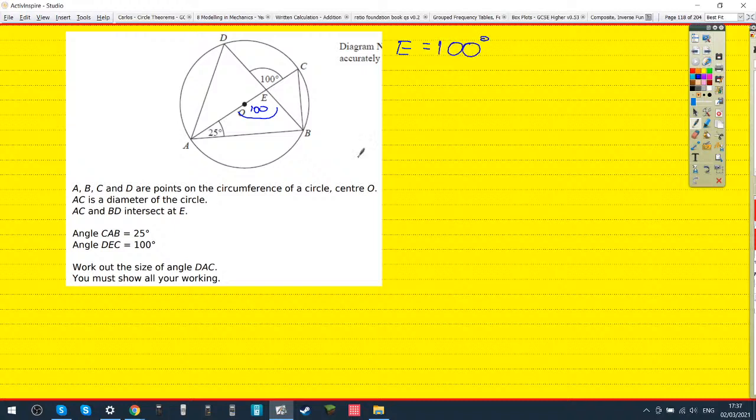Work out the size of angle GAC. Do I have to figure out what A is? Yeah, that's what we're trying to find. Okay. Well, that's a right angle, is it? What's our angle?